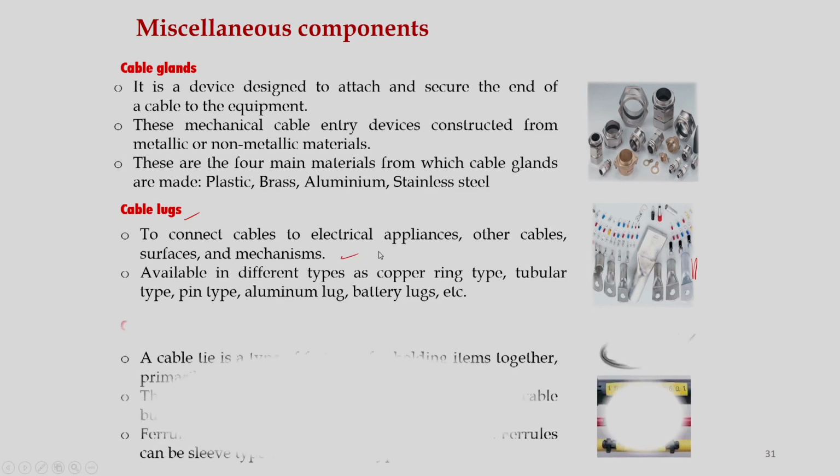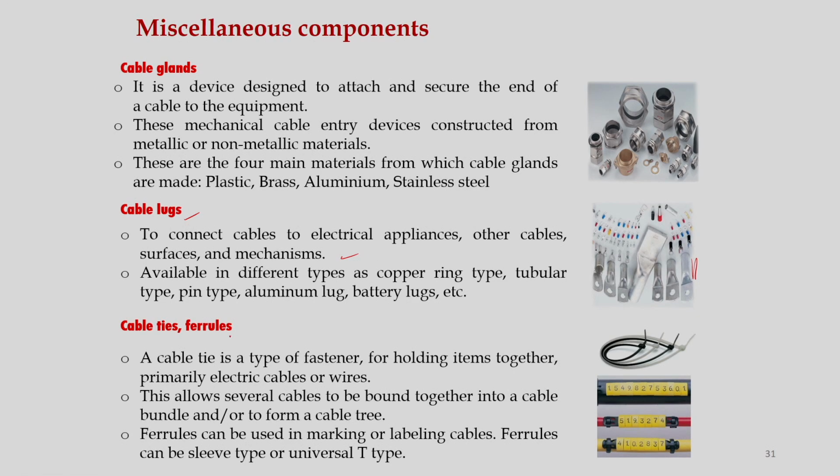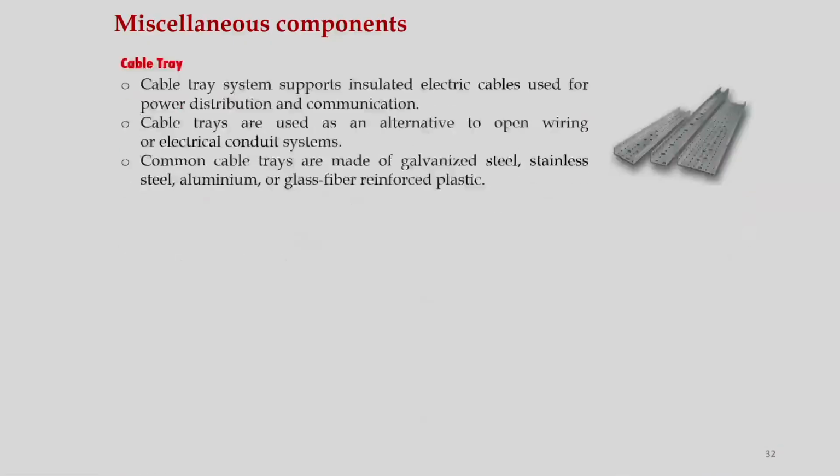Okay? And we will have cable ties and ferrules. So, this kind of component is required to connect those cables. Okay? And of course, we need cable trays for installing those PV modules in this grid connected system.